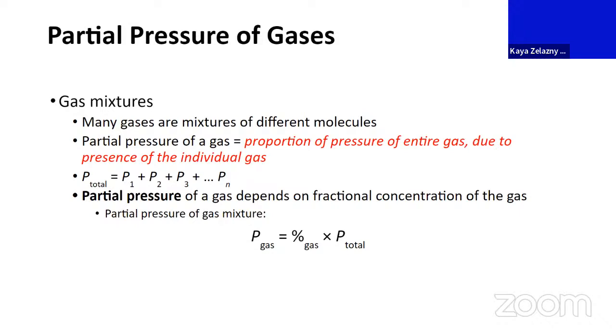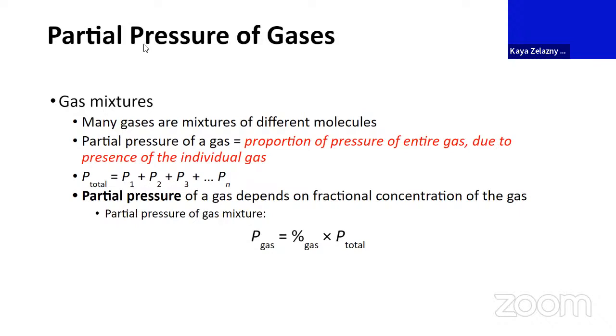We're going to say of that 760, of that total pressure, some percentage is due to how much oxygen we have. Some percentage is due to how much carbon dioxide. Some percentage is due to nitrogen. And we can just stack them up, add them all together to get that total pressure. So the partial pressure for a gas is going to be a number corresponding to the total pressure in like our room, in our environment, and related to the percentage of that gas mixture that is that specific molecule.